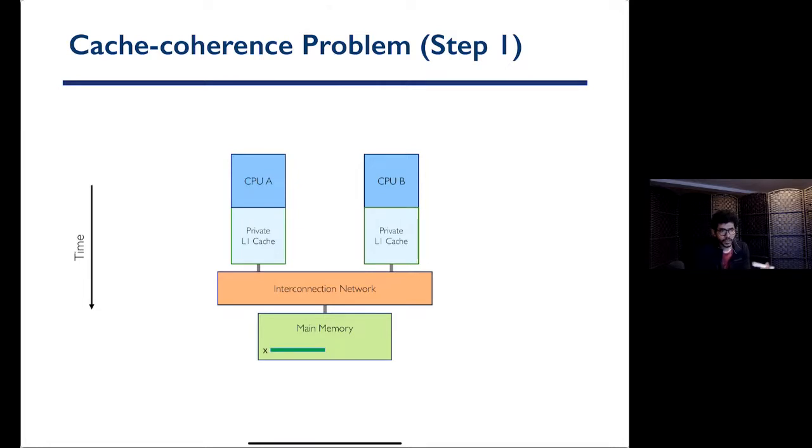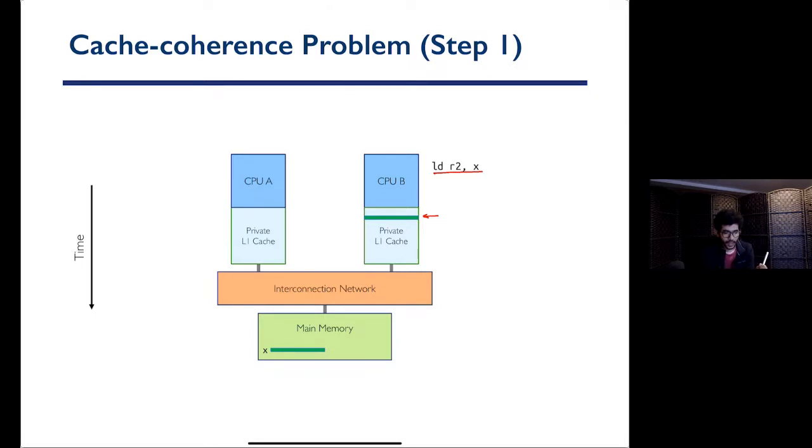Let's say there was this memory location in memory. Let's say CPU B first loaded this. This has come now to the private cache of CPU B. We cache the data so that next time we access it, it's fast. So after we execute this load, we can expect a copy of the data to be in our cache, so that this access is fast.